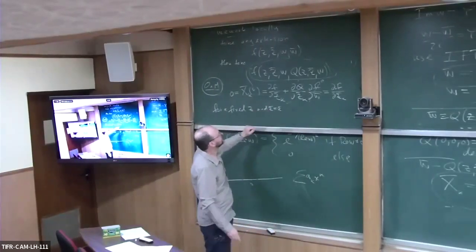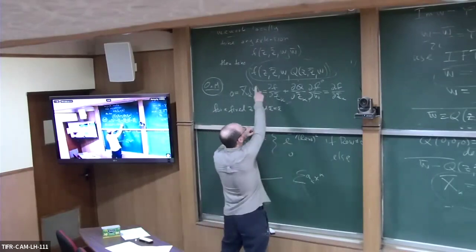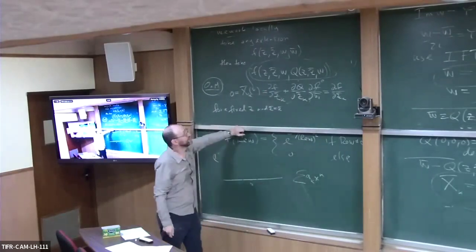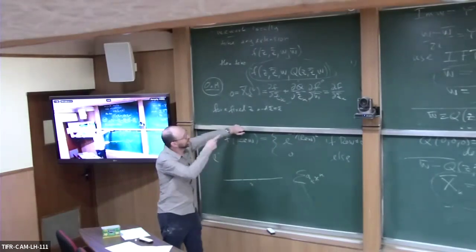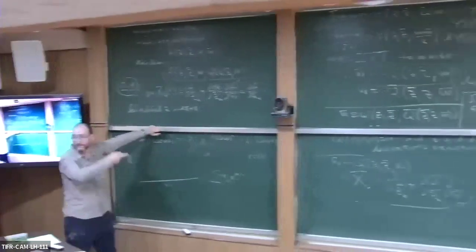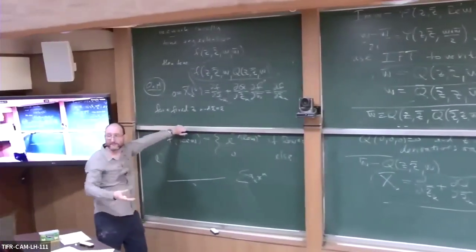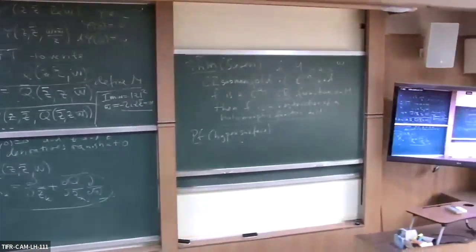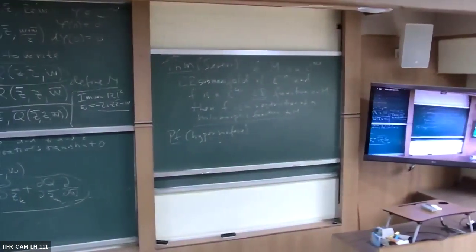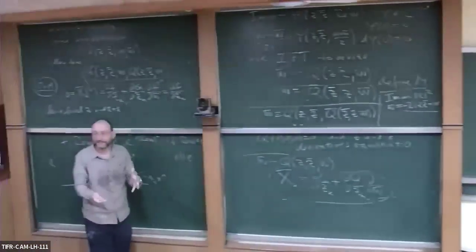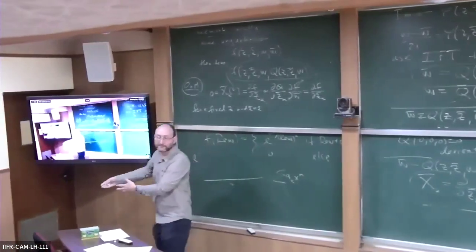What we get is this function which is holomorphic in W. If I differentiate in terms of Z bar, I get again a holomorphic function in W. Maybe I don't yet know that this thing is 0, but it's at least holomorphic in W.